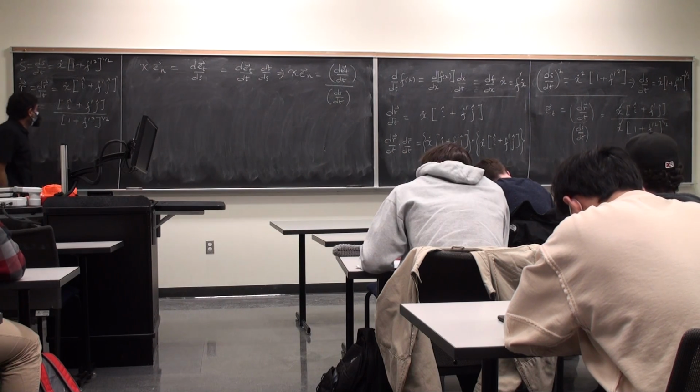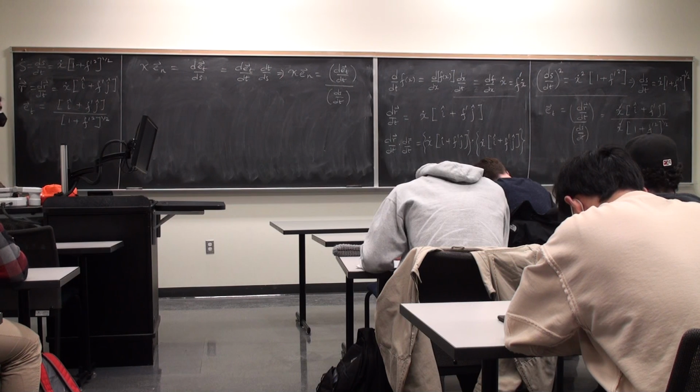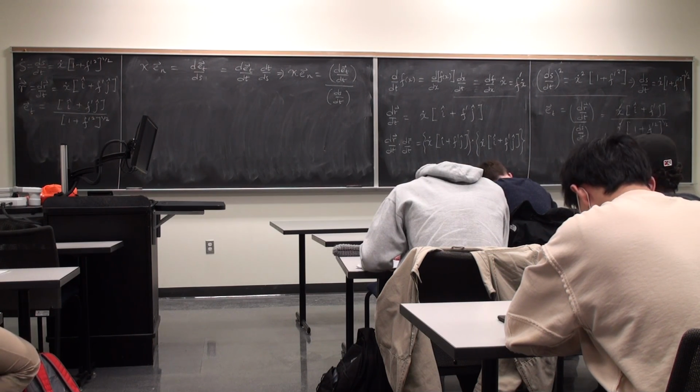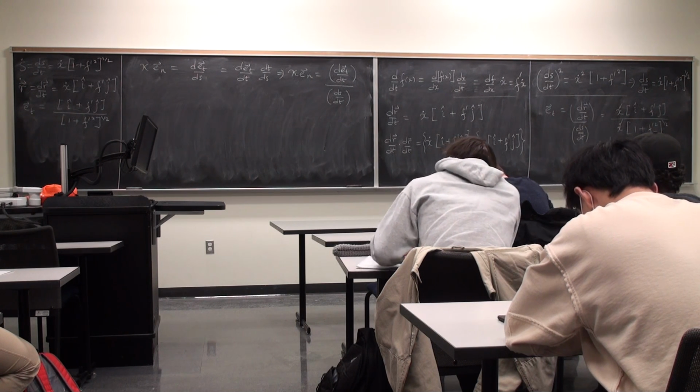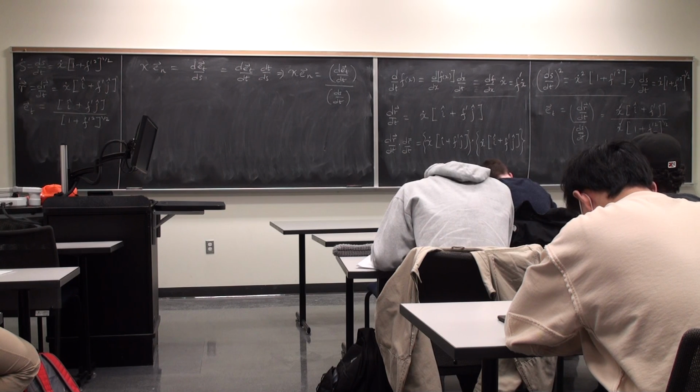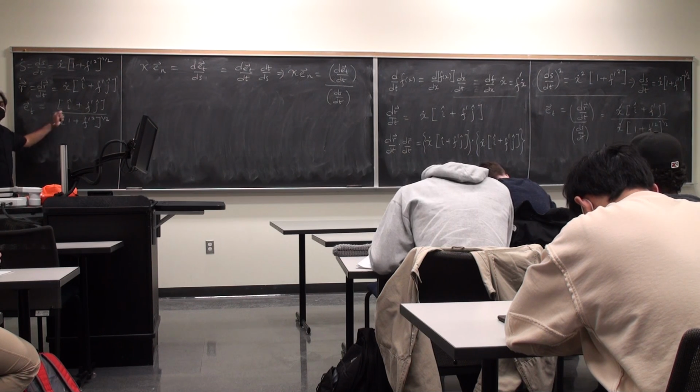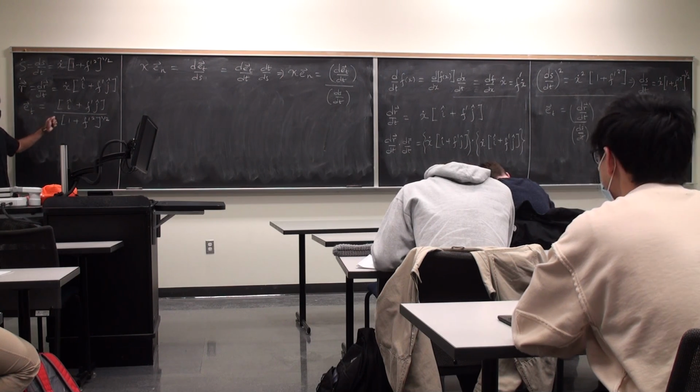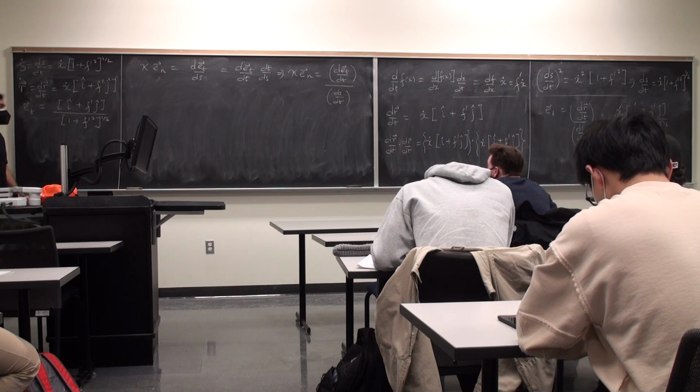I already have ds by dt, so that's good news. The only painful thing here is I need to take E_t and then take the time derivative of this nasty thing. Okay, which we will do step by step.